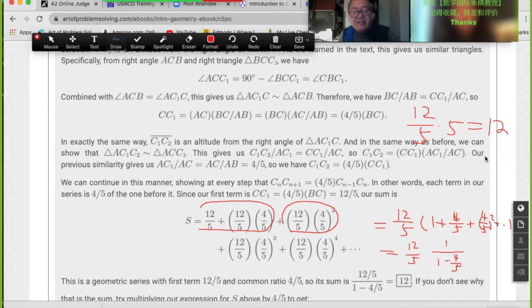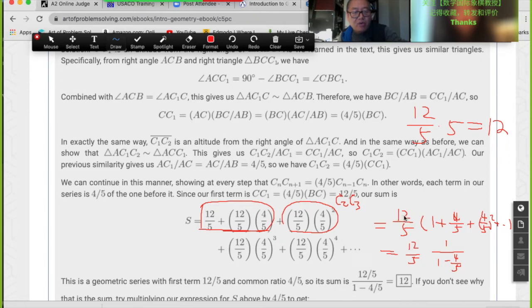So have you got it? See, we got this too. Now you need to do one more derivation to get C2, C3. That equals this. Then you write down like this, then you find the pattern. You don't need to calculate the others. Then you write the sum equals this.